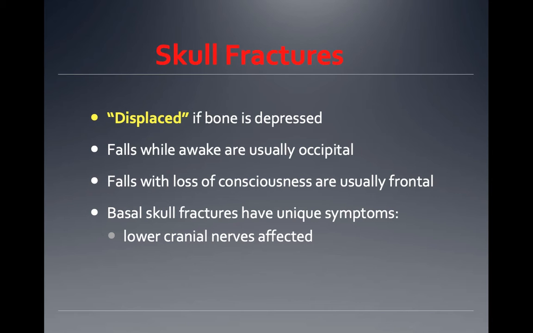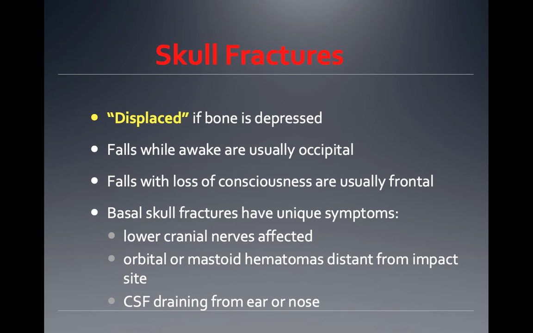You can also have basal skull fractures, and these are really unique. Typically, it requires a lot of force to get a basilar or a basal skull fracture, and then it can affect cranial nerves, it can affect the orbits or the mastoid region, and hematomas can form along with cerebrospinal fluid drainage.